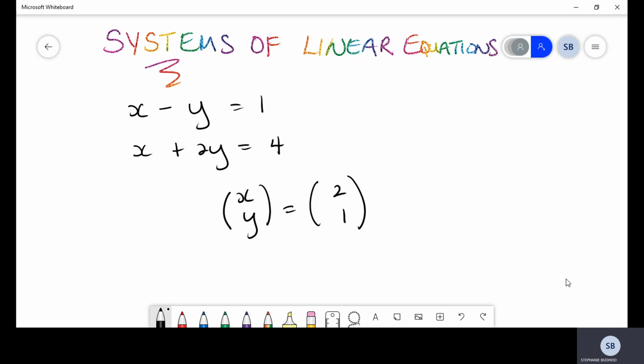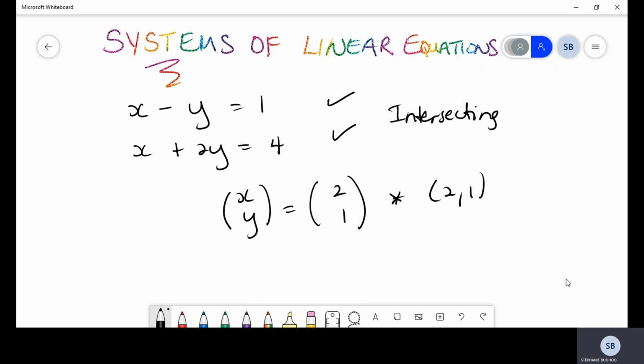Remember, this is a linear equation, and this is also a linear equation, so they both represent straight lines. These two straight lines are said to be intersecting at this point here, (2, 1).